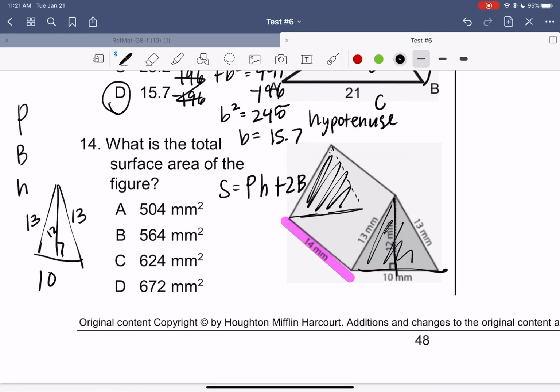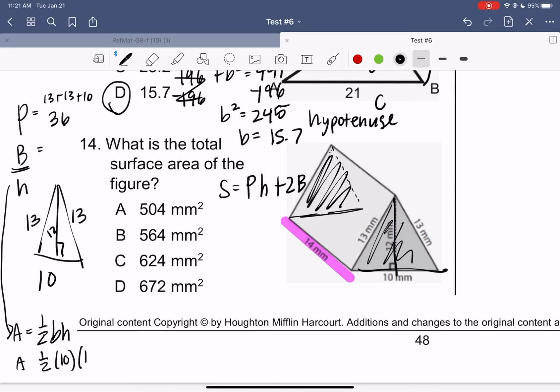And perimeter, we're going to add them all up. So 13 plus 13 plus 10, and that's going to be 36. And then the area of the base, so area of a triangle is 1/2 base times height. So this B and this A are the same. So 1/2 times 10 times 12, which is going to be 60.